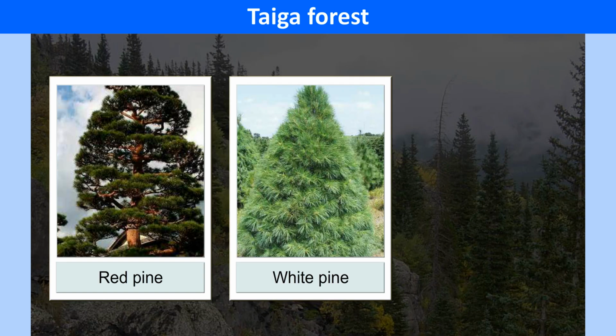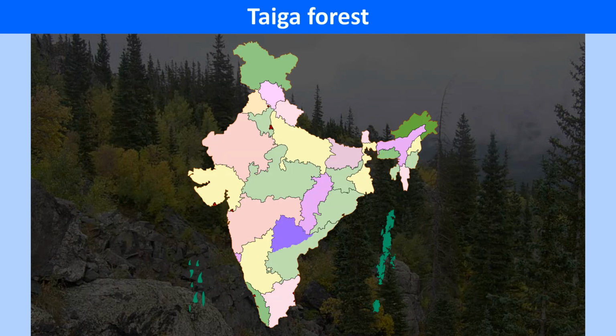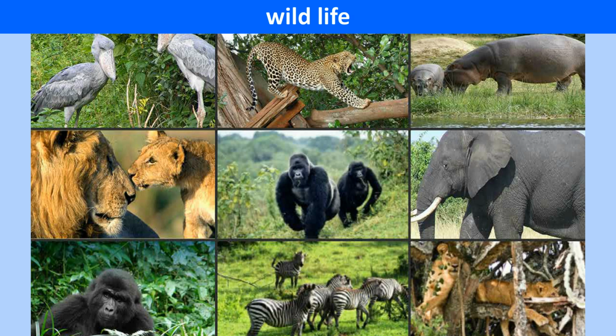Red pine, white pine, spruce, firs, and larches are the main trees found in these forests. In India, coniferous forests are found on the higher slopes of the Himalayas in Kashmir, Himachal Pradesh, Uttarakhand, and Arunachal Pradesh.